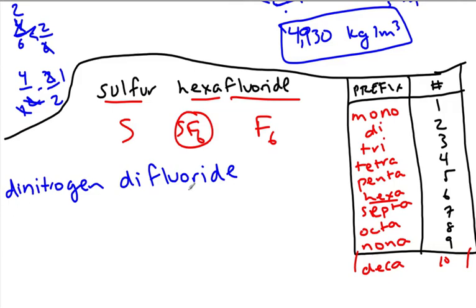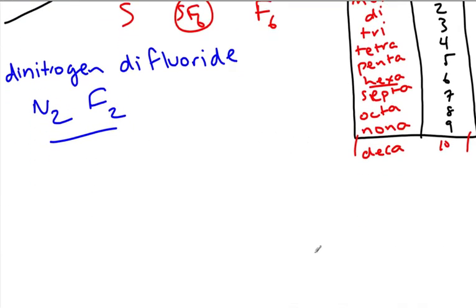What is this compound? Well, dinitrogen means 2, so N2. Difluoride means F as well, 2. So that's our unit. That's N2F2.